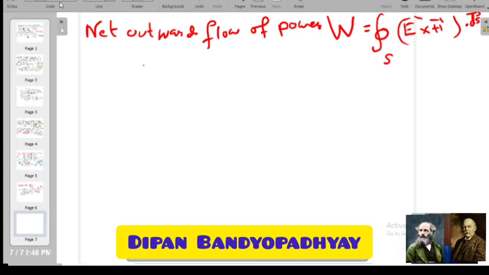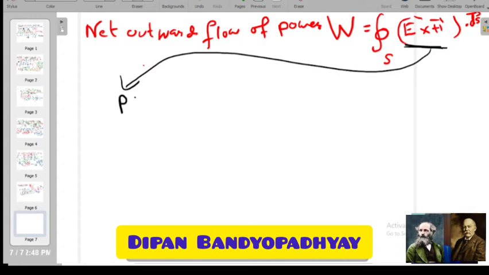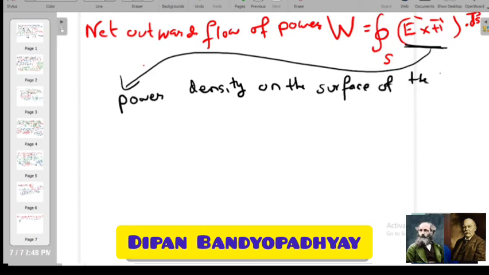But you can see from this equation that this term is basically nothing but power density on the surface of the volume. That means if I consider a volume, on the surface, this E cross H term is representing the power density.